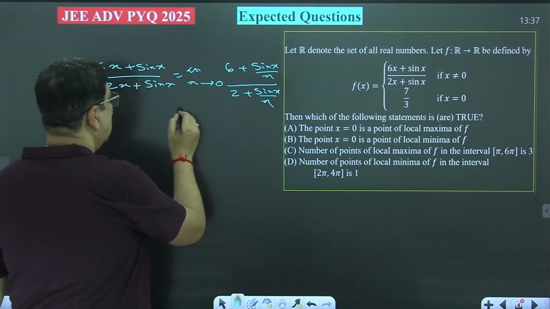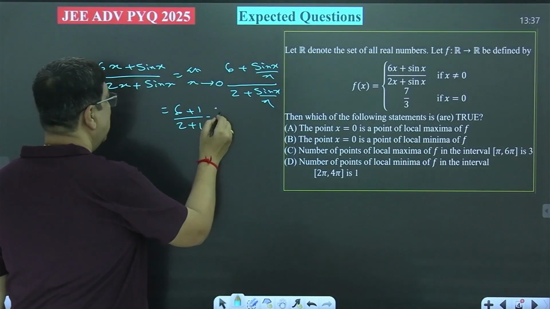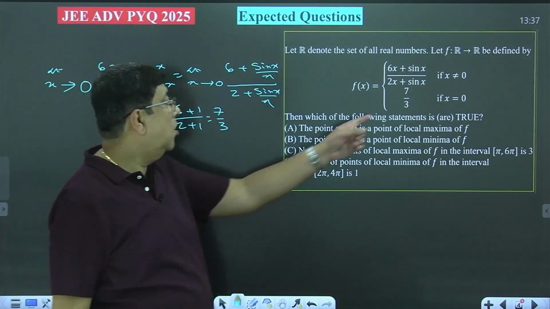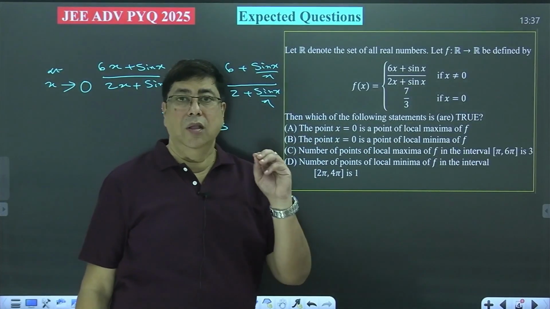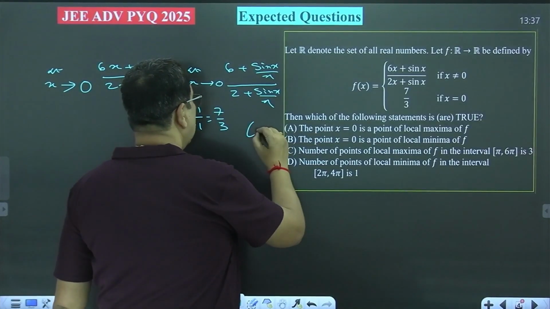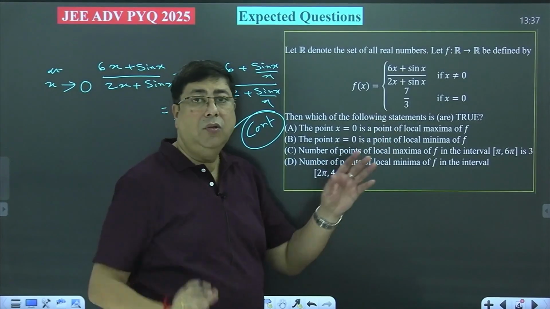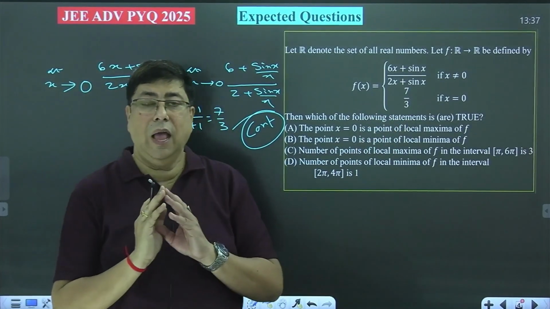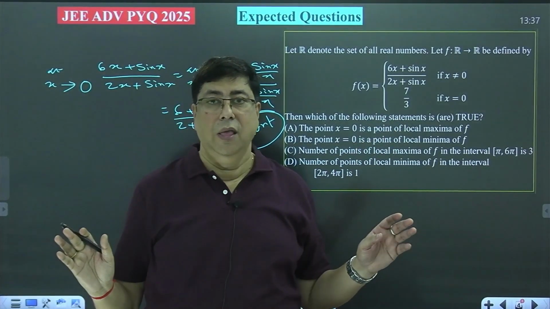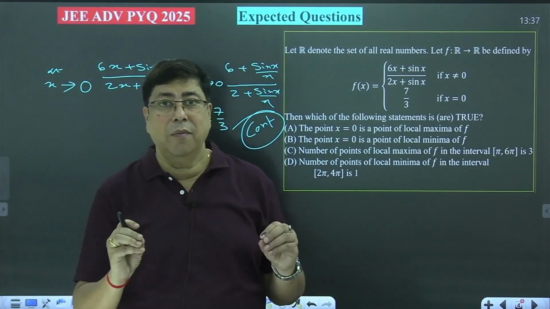Therefore this comes to (6 plus 1) by (2 plus 1), that is 7 by 3. At x equal to 0, this is also 7 by 3. Therefore the function is continuous at x equal to 0, and so it is continuous at all real numbers.